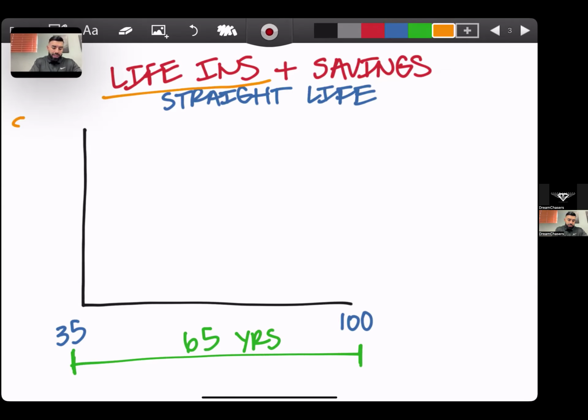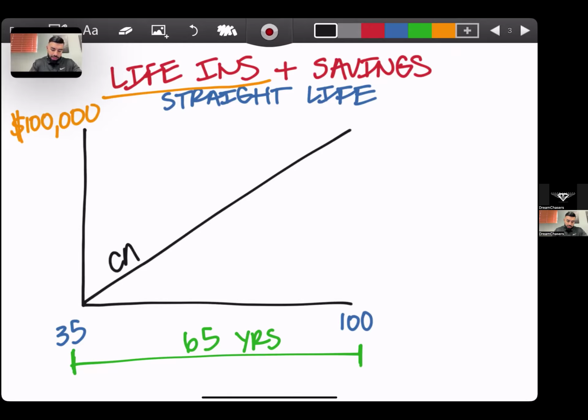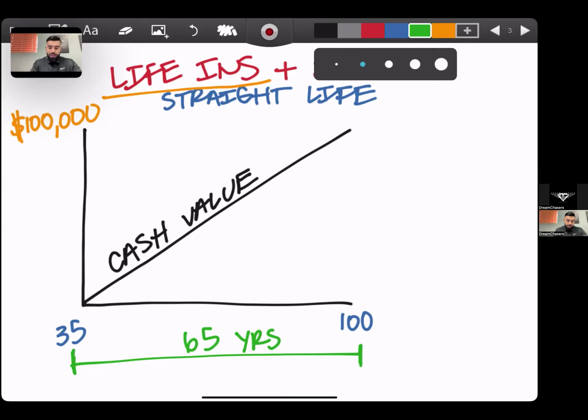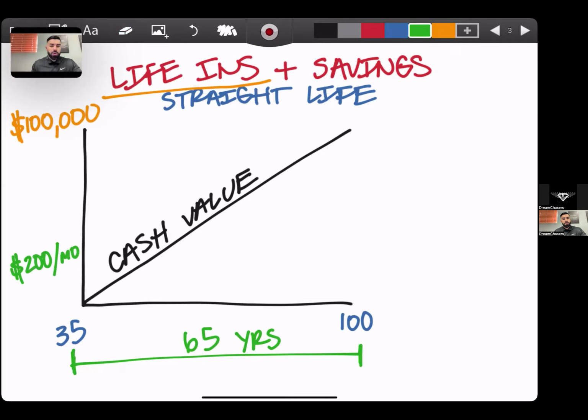Let's say the coverage is $100,000 and it has a savings, so it's also going to grow in cash value. Let's say your premium is $200 a month for this policy. A portion of it is going to pay the life insurance, and a portion of it is going to go into the savings.